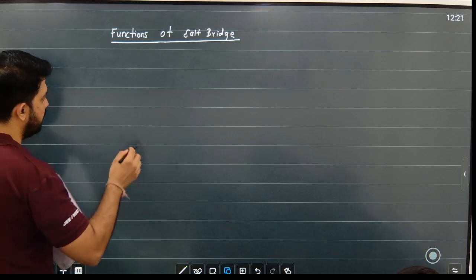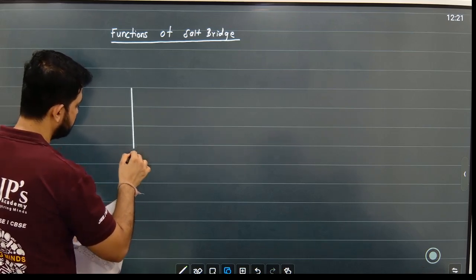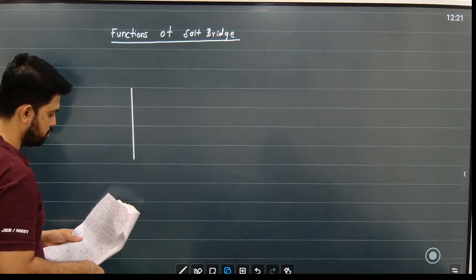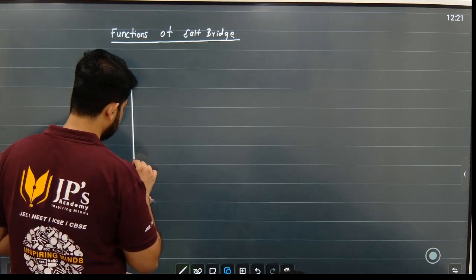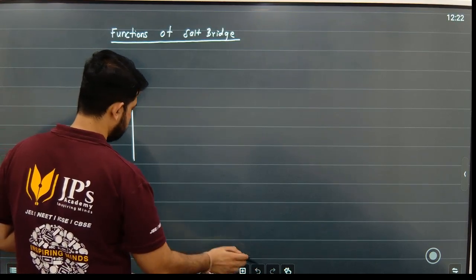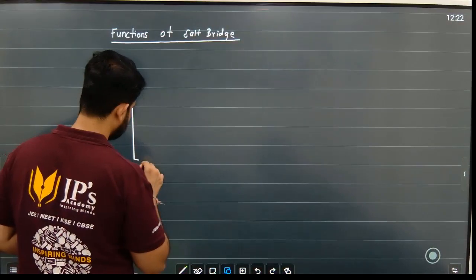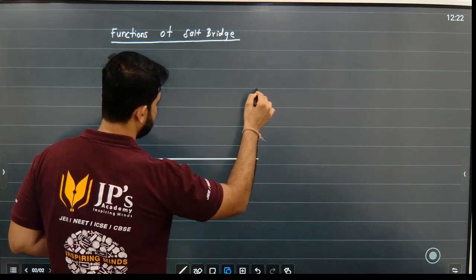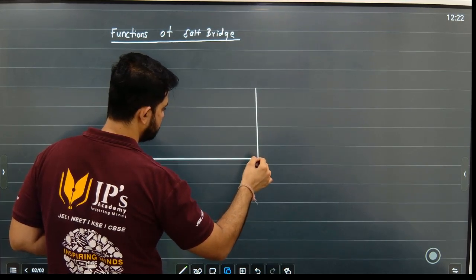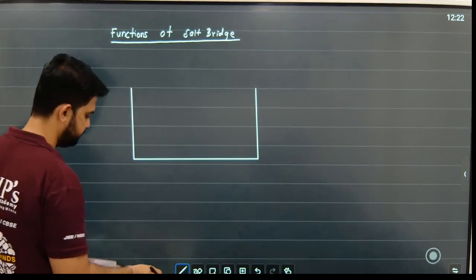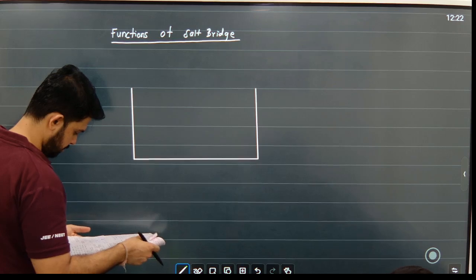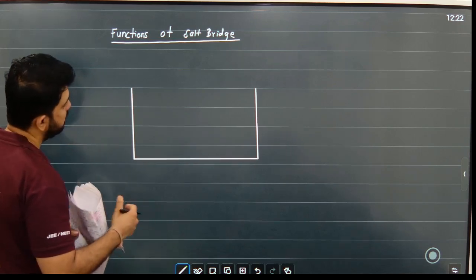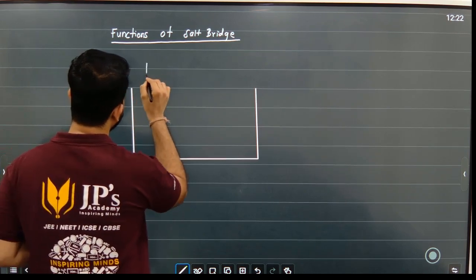Write on. Which salt to use in salt bridge? That is, the characteristics of the salt that is to be used in a salt bridge. First point, the salt should be highly ionic.